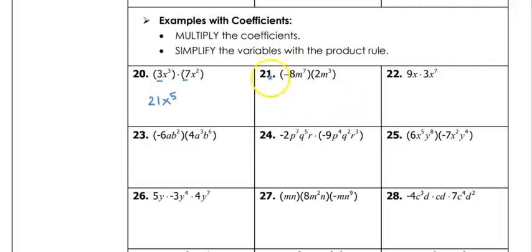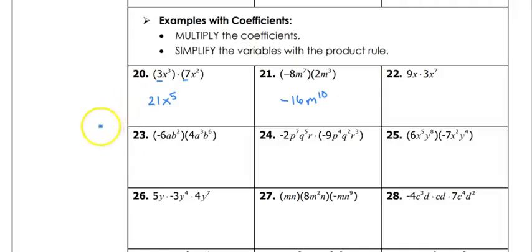I'll do another example here. Negative 8 times 2 would give me negative 16. m to the 7th times m to the 3rd would be m to the 10th power. Multiply the coefficients, add the exponents. You can do the same thing when we have multiple variables. You're just going to do each variable separately. I like to always start with my coefficients.